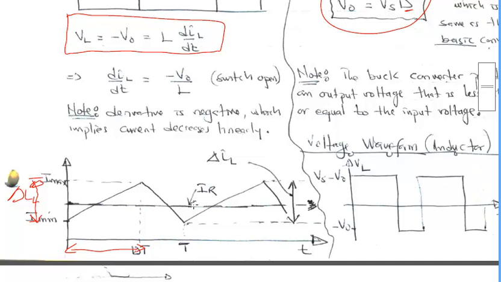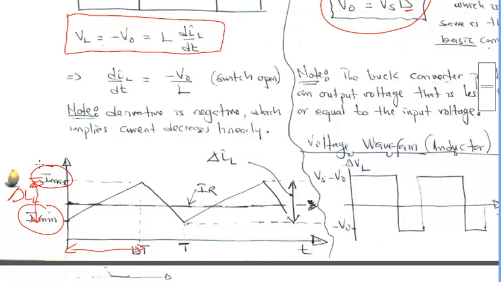Some parameters we need to find. Now that we know the waveform of the inductor, the question is, how do we find I minimum during steady state operation? So we know our inductor is operating at steady state. How do we find I minimum to confirm that this inductor is actually operating in a continuous mode? How do we find I maximum?